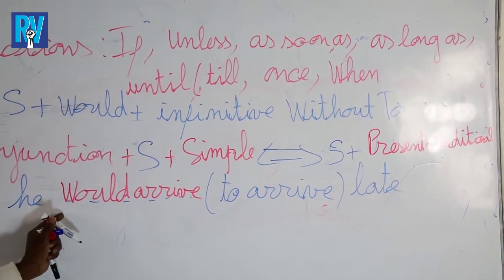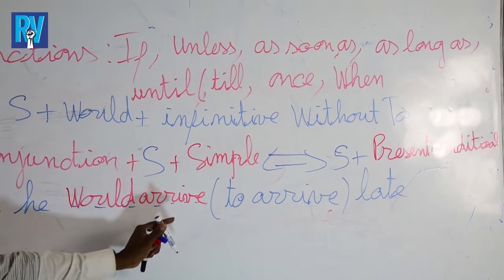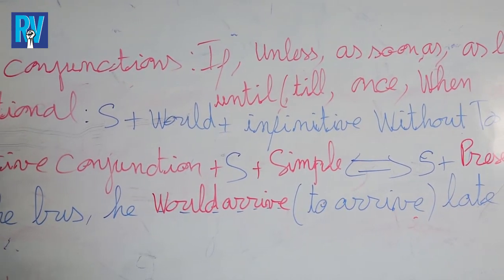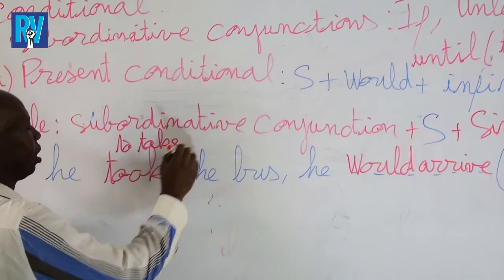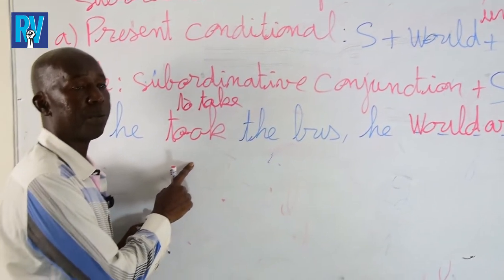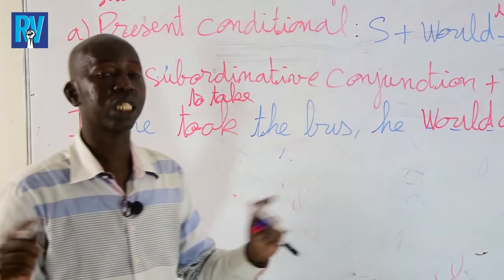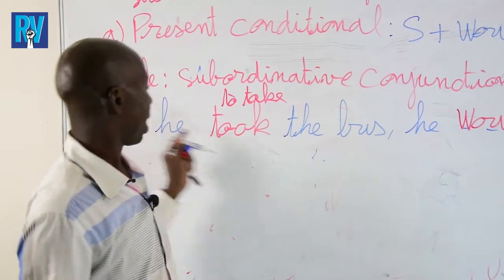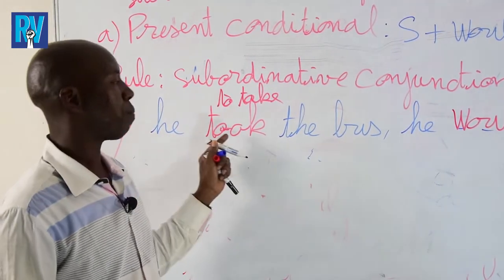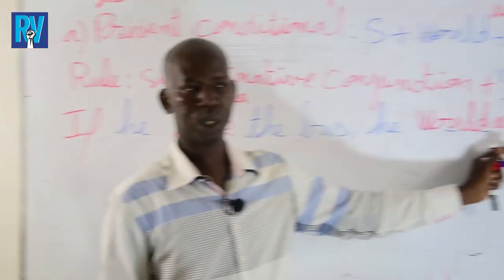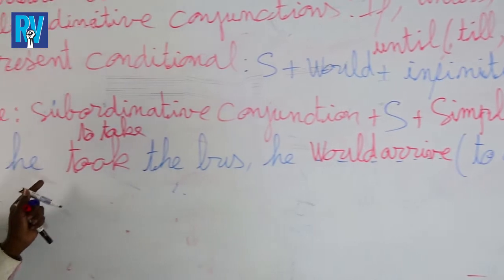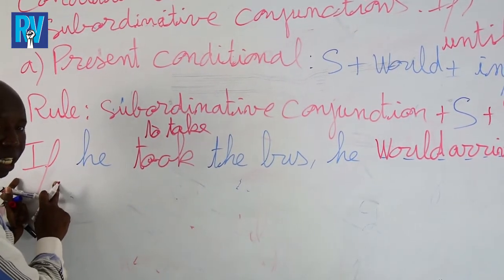And whenever you are given the present conditional, and you are asked to write the verb to take, so you have to write it in the simple past. Why? Because the two tenses go together. Parce que les deux temps vont ensemble. Le simple past, après la conjonction de subordination, va avec le present conditional. Le present conditional va avec le simple past après la conjonction de subordination.